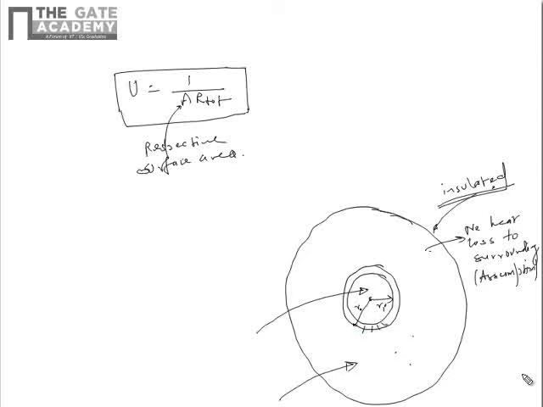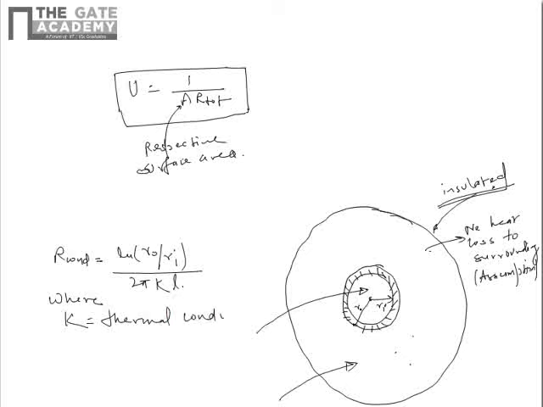and this is the wall of the inner tube. So the conduction resistance of the inner tube can be written as ln of R naught upon Ri upon 2 pi K L, where K is the thermal conductivity of the inner tube material and L is the length of the heat exchanger.